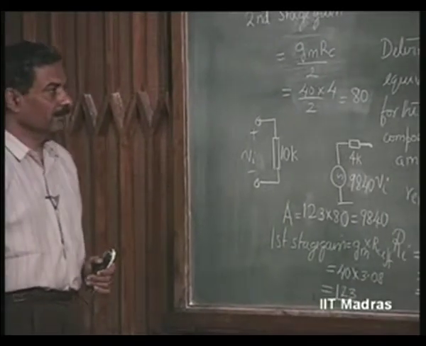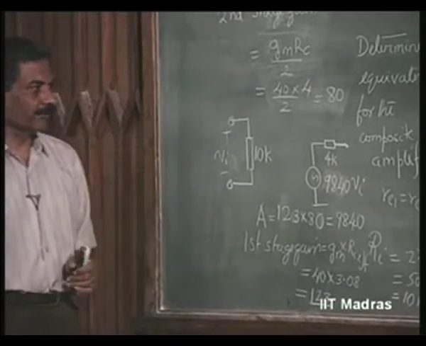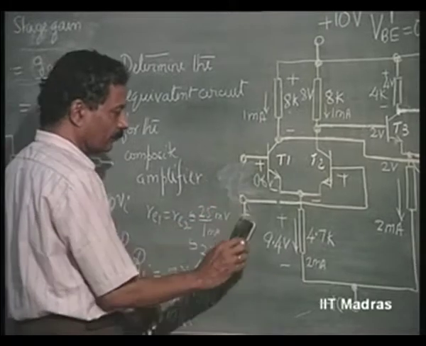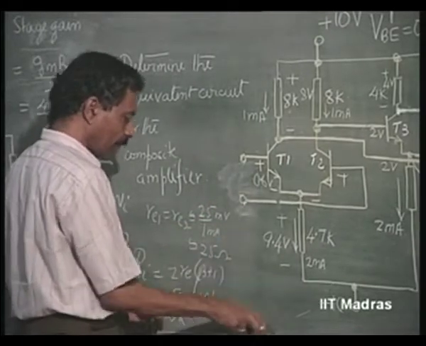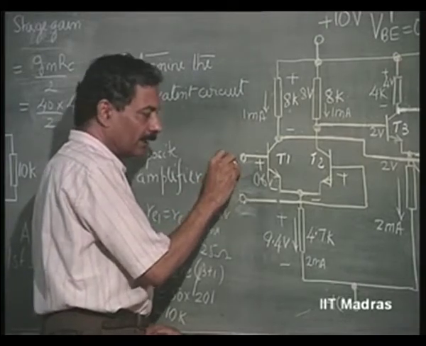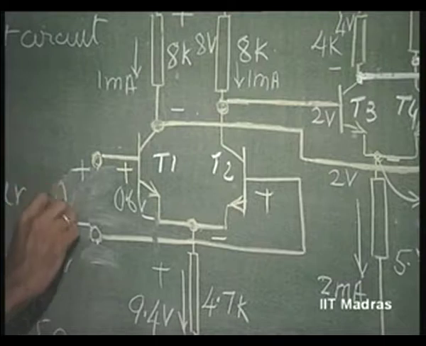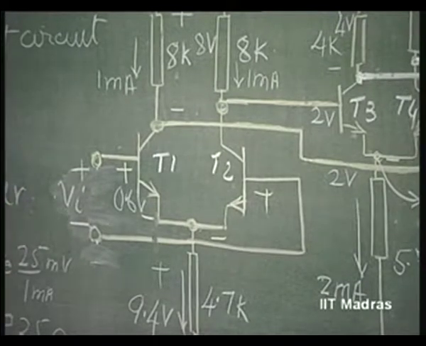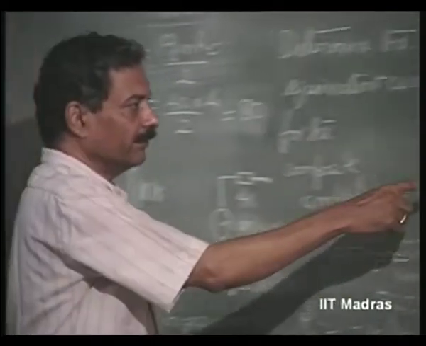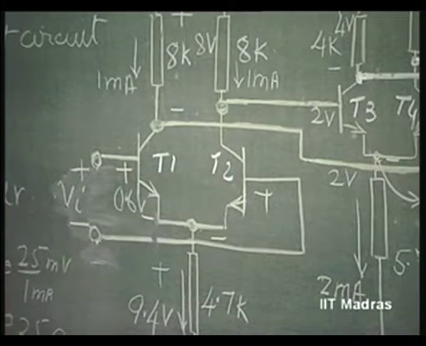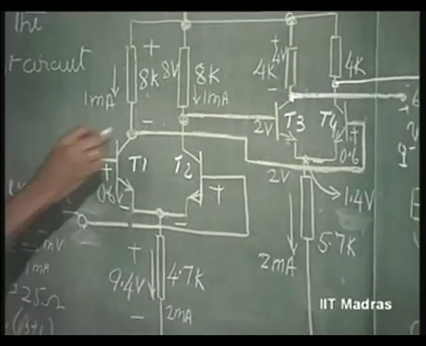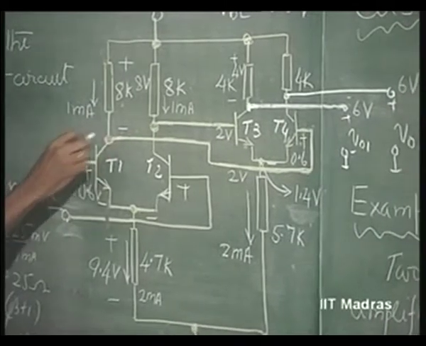Now, which is the output we are considering? This is important. Let us consider this here. If input is marked this as positive and this as negative, let us say Vi. So, I am saying this is positive and this is negative. What is connected to T1 as positive and what is connected to T2 as negative. Then there is phase shift of 180 degree from here to here.